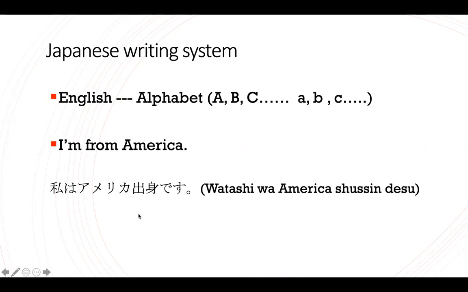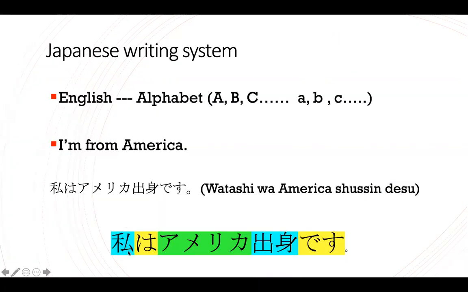Also, here's how to write it down. I want you to guess how many Japanese alphabets you can see in this sentence. Maybe one of them is easy to tell, but the other two are kind of challenging.